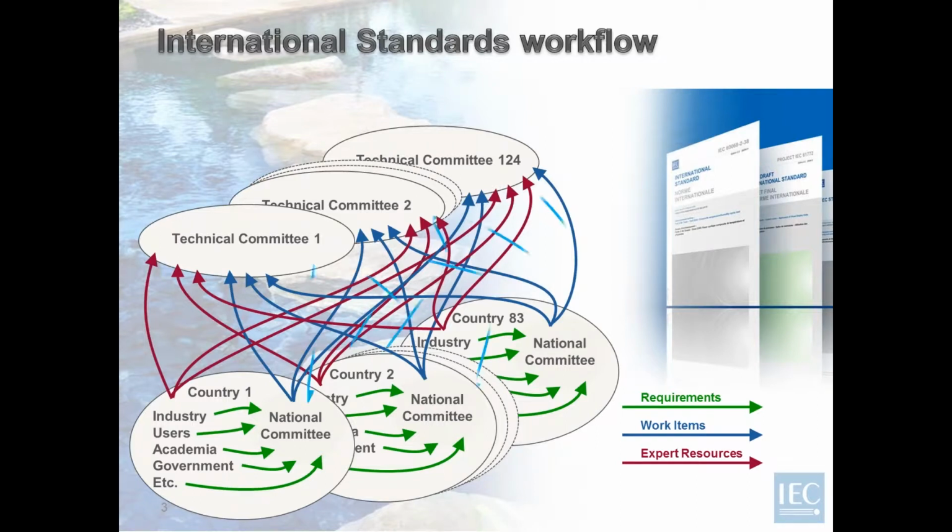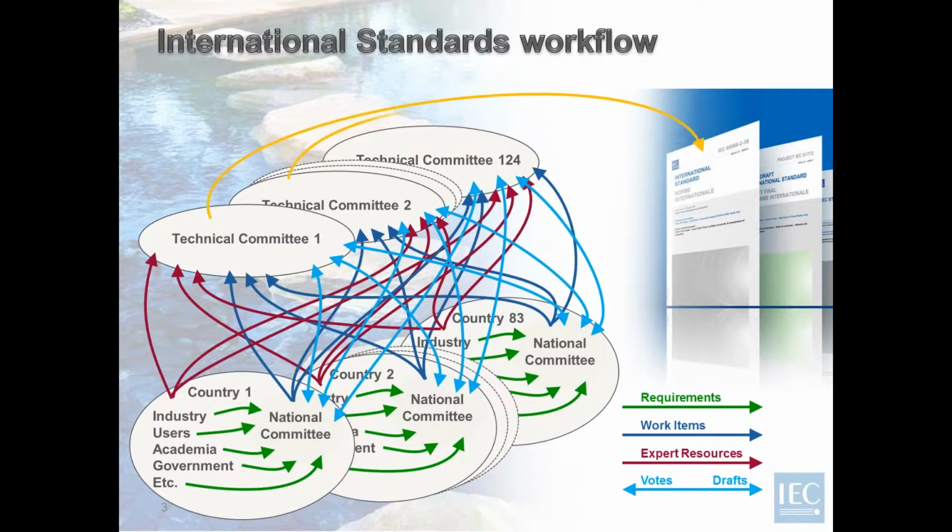From there, the stakeholders provide expert resources to write these standards. Once this group starts to write the standard and they have drafts, these drafts come back to the national committee for review, commenting, and voting depending on the stage.